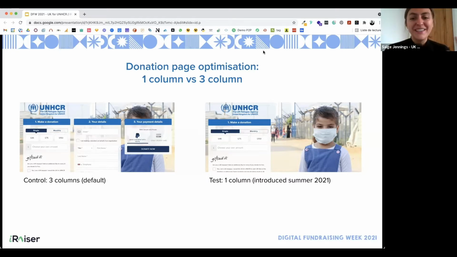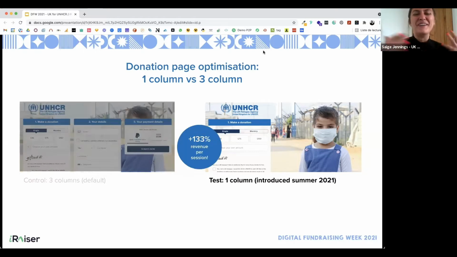So when the one column format was introduced, we immediately launched that test throughout July, ran it for the entire month, and as you can see, the one column format was a very, very clear winner. There was a 133% increase in revenue on the one column layout compared to the three column layout.